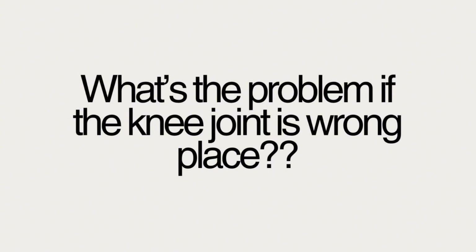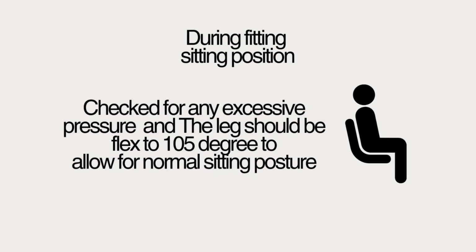Finding the knee joint axis is very important because if we get the placement wrong, there will be problems that can cause discomfort or even pain while wearing the device. Checking the problem of knee joint axis placement is done during fitting, especially in the sitting position.